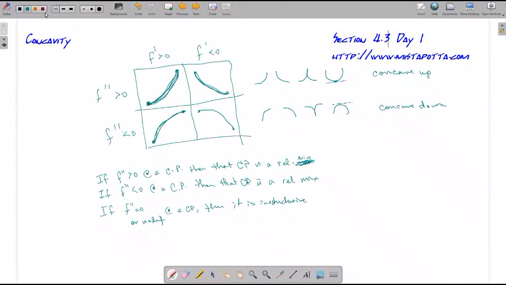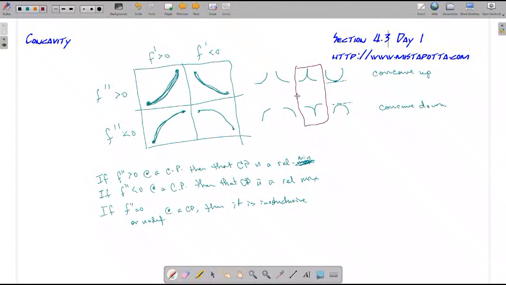And I can see that happening here, because in both of these situations, I've got a critical point because my derivative happens to be undefined.